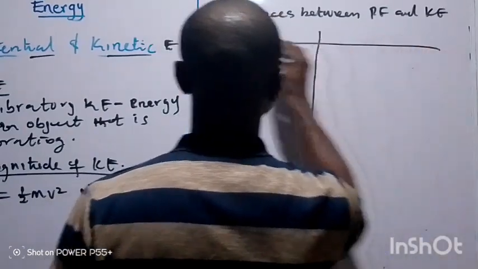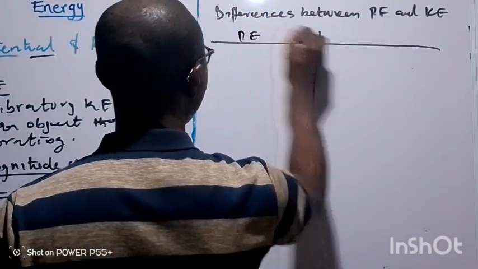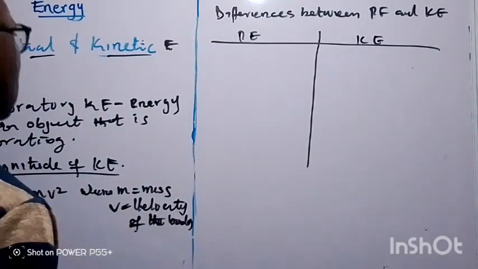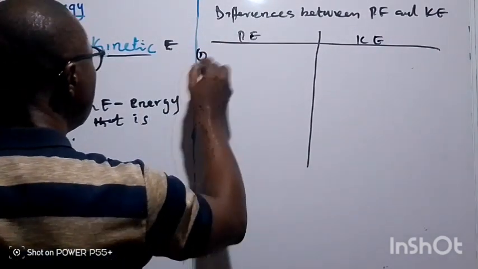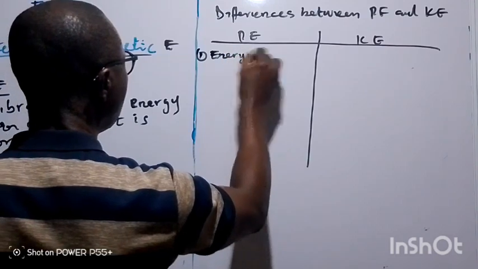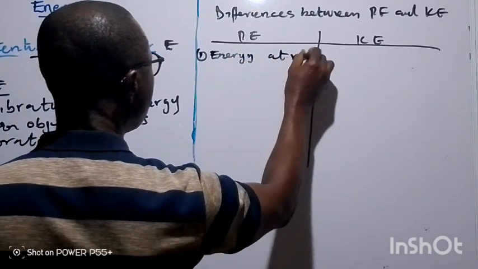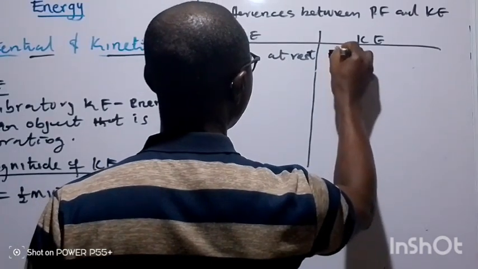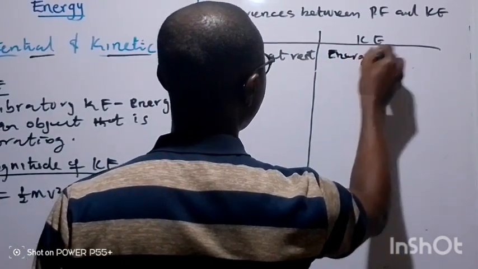PE, then KE. According to the definition, PE is energy at rest, while KE is energy in motion.